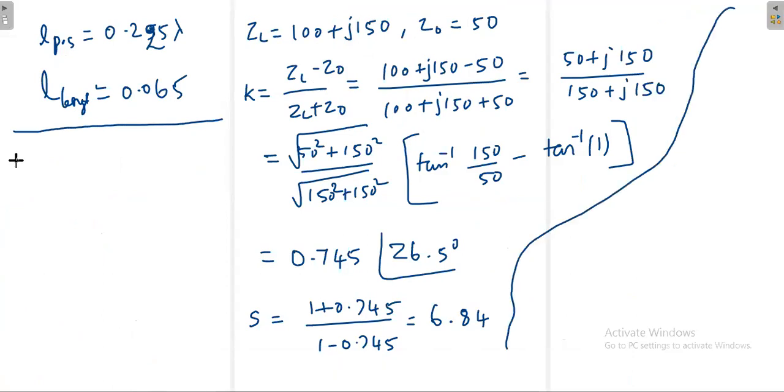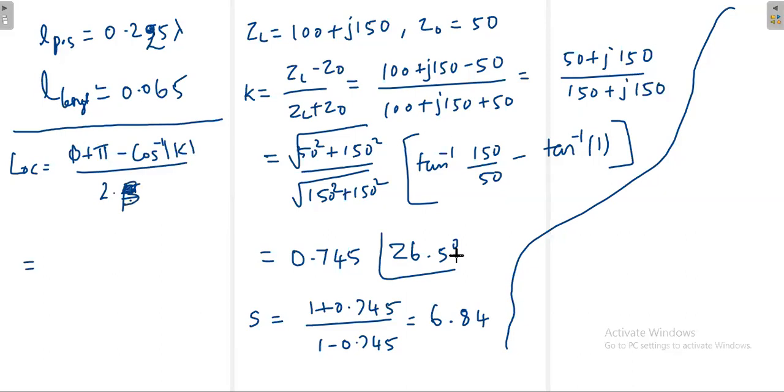I will write the formula. The location formula: pi plus pi, cos inverse of mod k divided by 2 beta. Beta is equal to 2 pi by lambda; or otherwise I will write beta here and modify later.